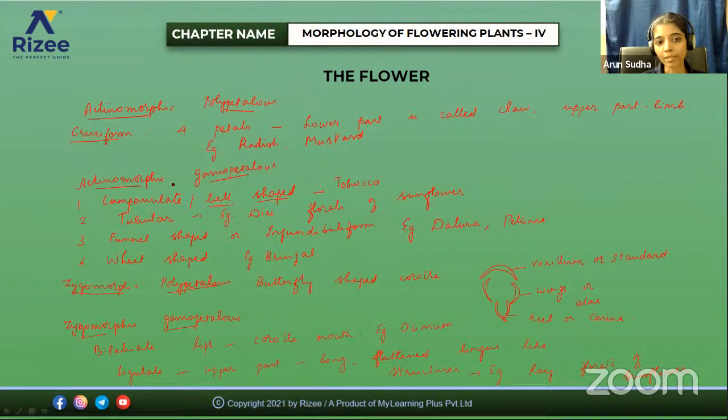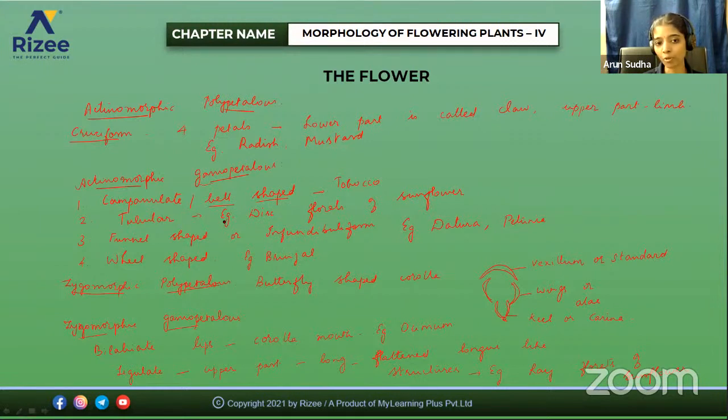And in the case of actinomorphic gamopetalous, we have different types like bell-shaped, tubular, funnel-shaped or infundibuliform and wheel-shaped. So depending upon the shape of the petals, they are classified into different types and they come under the category of gamopetalous, that is fused. In the case of campanulate or bell-shaped, the petals will be bell-shaped, and example is tobacco.